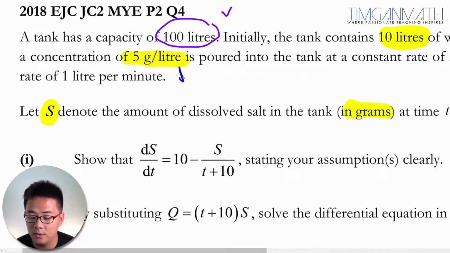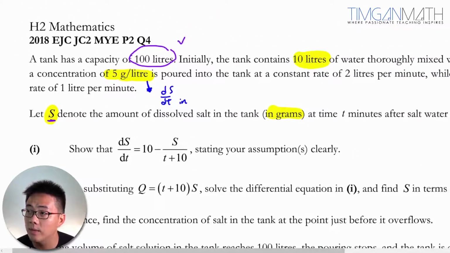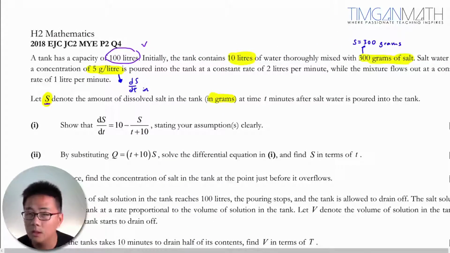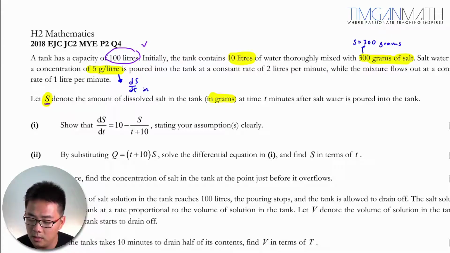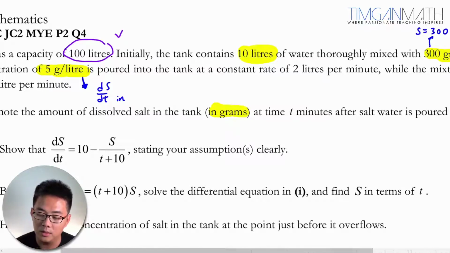Salt water with a concentration of 5 grams per liter. So this tells you what is pouring in is 5 grams per liter, which means this is dS/dV in. I'm using S, take note, because the question says that the amount of salt is S. Oh no, sorry.